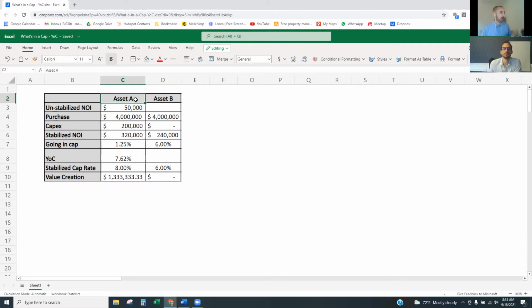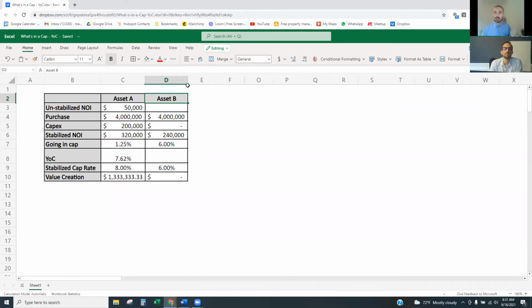So you're evaluating asset A versus asset B, let's say. You've got two options to invest in. Asset B is very stabilized. It's 98% occupied, it's at market rents, and you're paying $4 million for that. The stabilized NOI is 240,000, and the cap rate, as we mentioned earlier, is 6%.